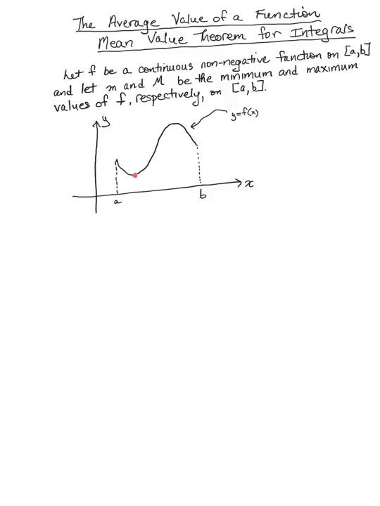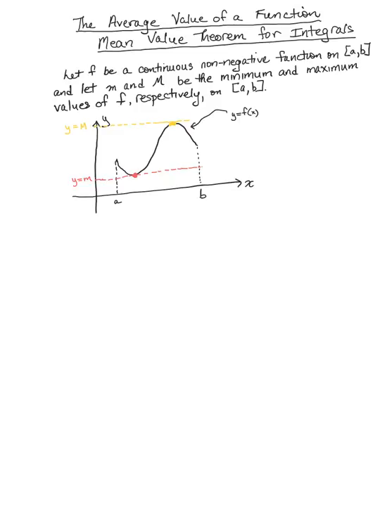It could be at an endpoint, but I deliberately drew it this way. So let's call this horizontal line y equals little m. The absolute maximum value looks like it's here, and we'll call that y equals capital M.